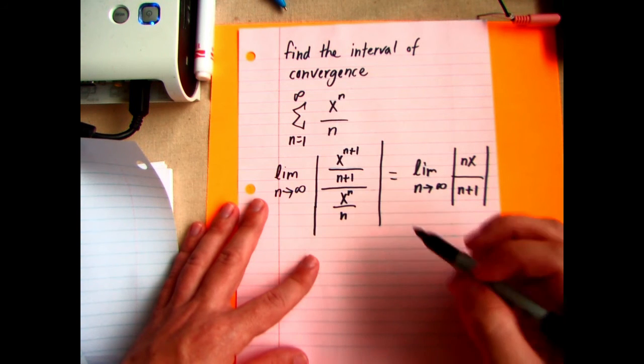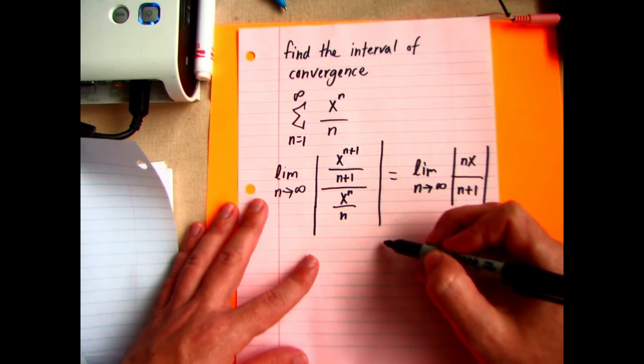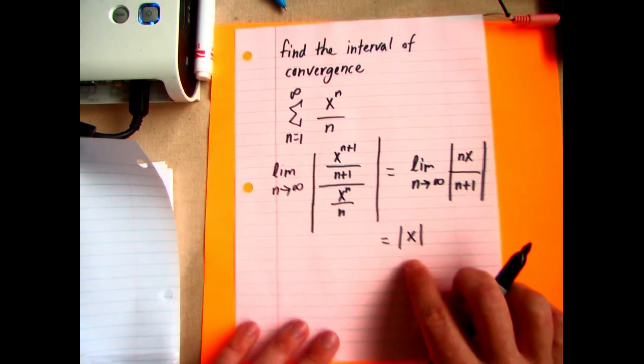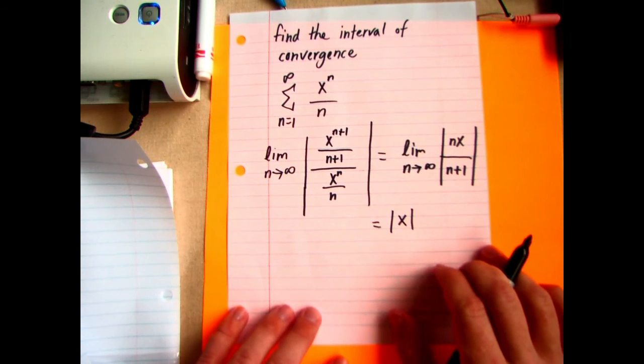So when I simplify this limit, it becomes just x. As n approaches infinity, it's just x.